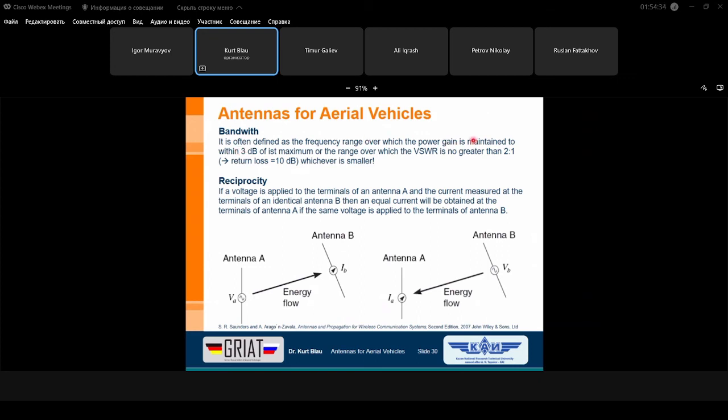And now in modern measurement systems, in practice, in a lot of papers, you will find that the bandwidth is determined by the return loss, or in logarithmic scale, the magnitude of S11.